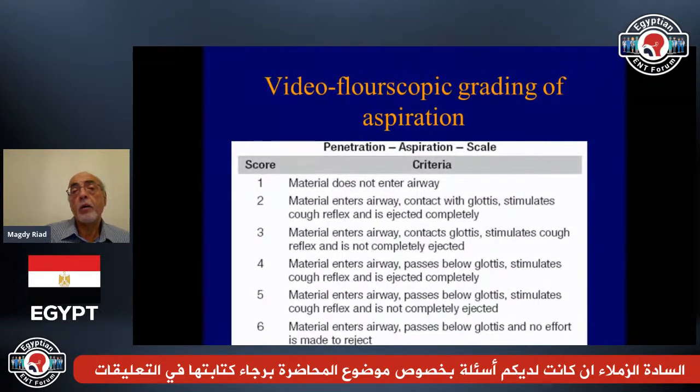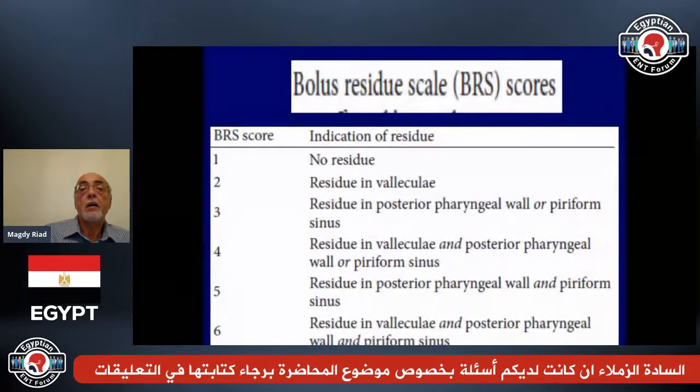There is another way of quantifying your video fluoroscopic findings. Rather than look into the aspiration, the degree of the material passing into the larynx and down the glottis into the trachea, you would concentrate on the residue, how much residue is left around.